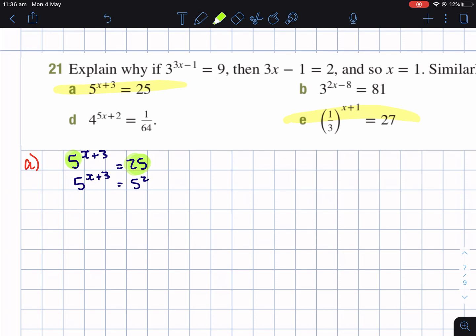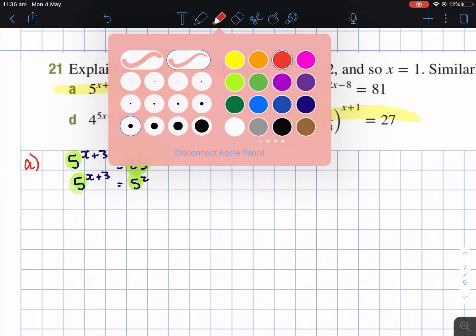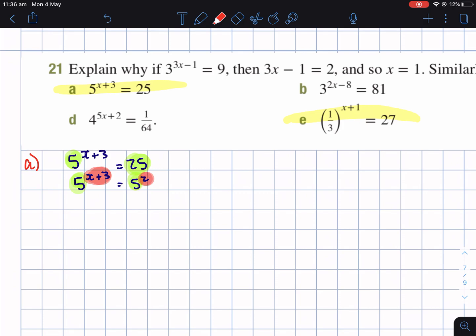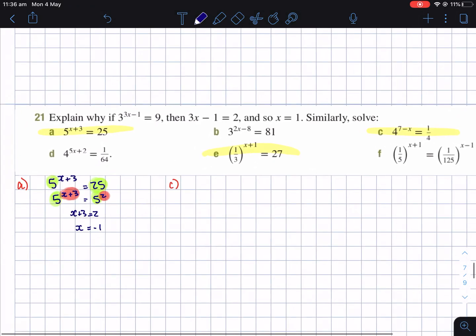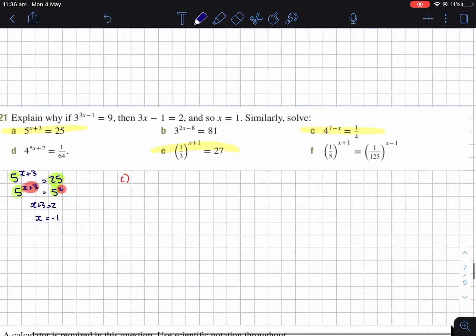Now I've got the same base, I can make the indices equal each other. So I know x plus 3 equals 2, so x equals negative 1. Because if 5 to the x plus 3 comes out the same number as 5 to the 2, then x plus 3 must have been the same as 2.